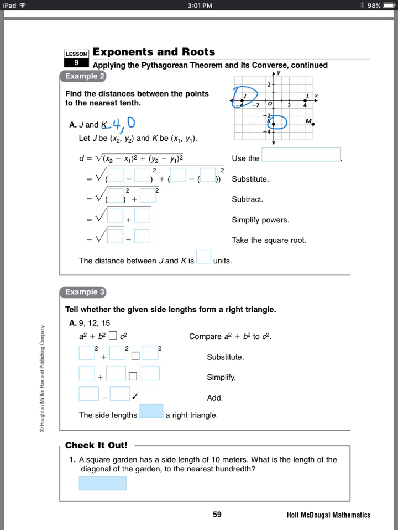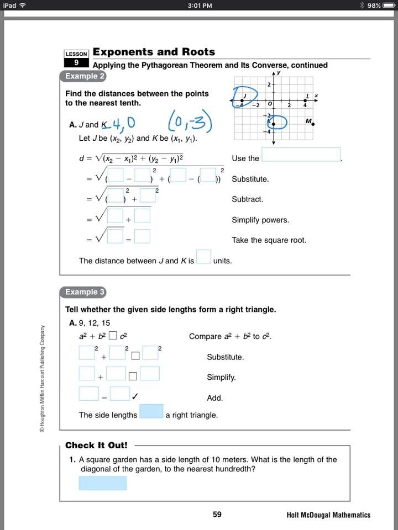And for K, our x is 0, and our y is -3. Okay, that's a 0. I know it kind of looks like a fancy 9, so let's rewrite that. Okay, so I went and I found the coordinates, and I wrote them above, and now my x2 is -4, my y2 is 0, my x1 is 0, my y1 is -3.